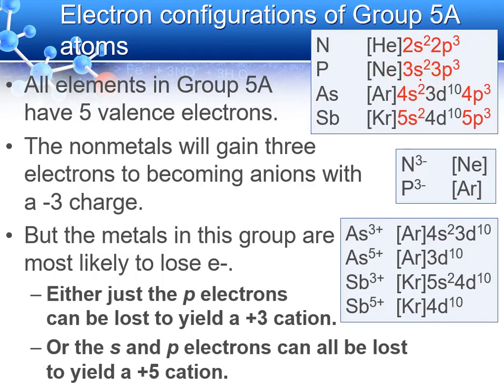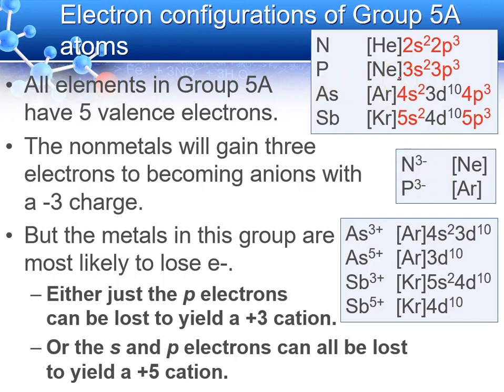So it is easier to gain 3 than to lose 5, although you could. And that's going to be true with the metals down here. But the nitrogen and the phosphorus can gain 3 electrons. So here, nitrogen would go from 2s2, 2p3 to 2s2, 2p6, in which case it's N3 minus.